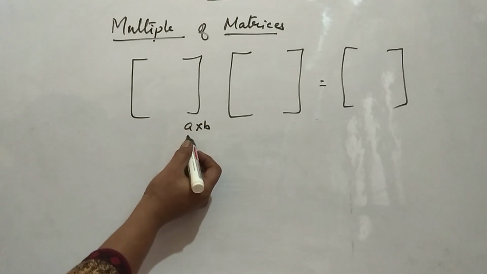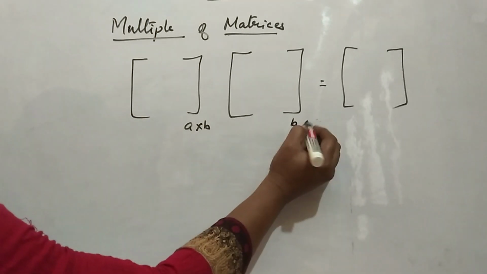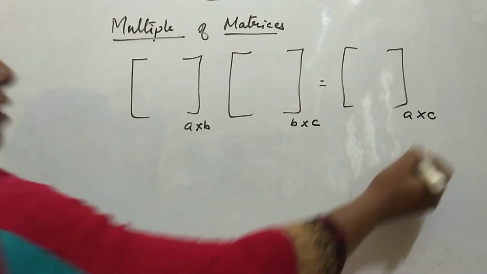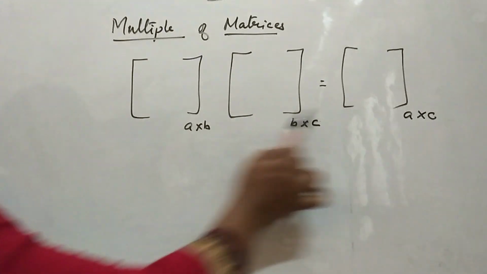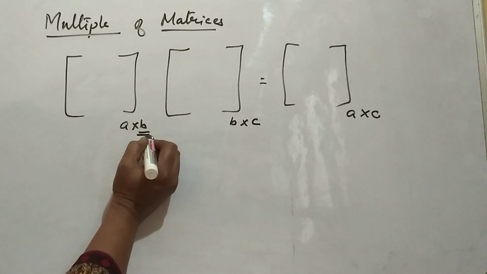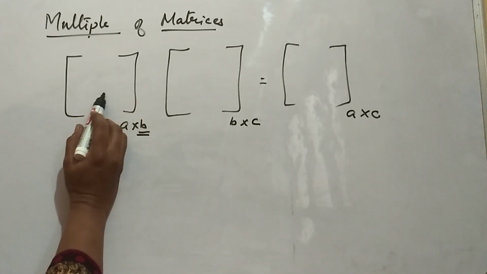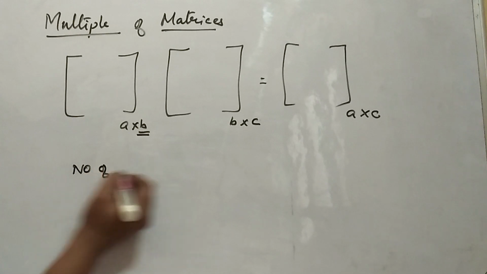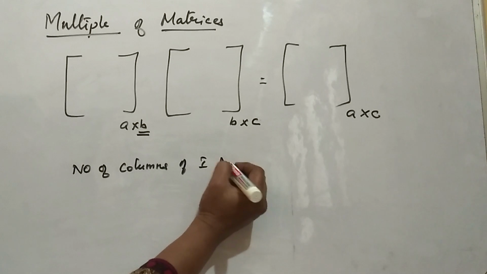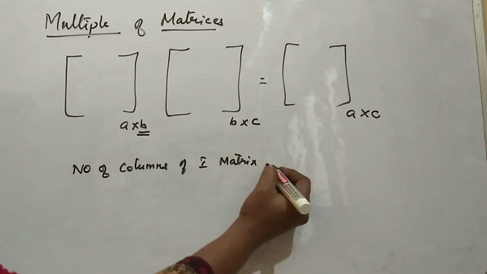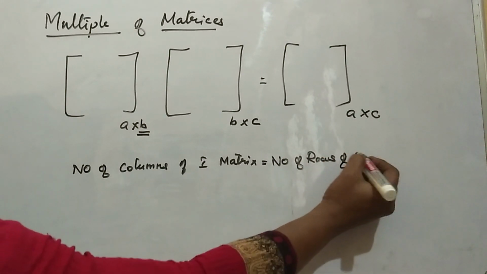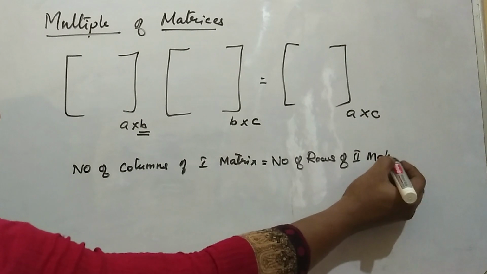The first one is A by B, the second one should be B by C, then the answer is A by C. This is the most important rule: the number of columns of the first matrix should be equal to the number of rows of the second matrix.